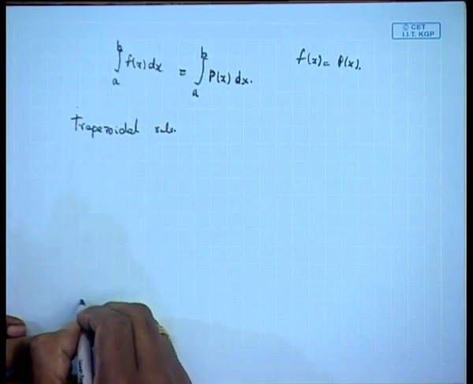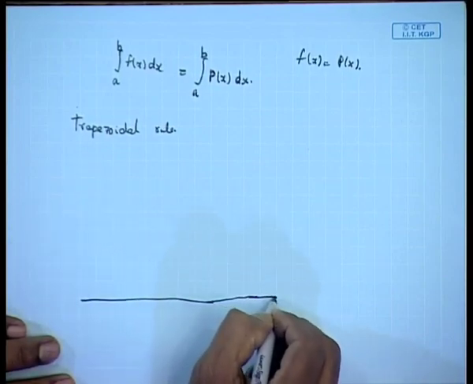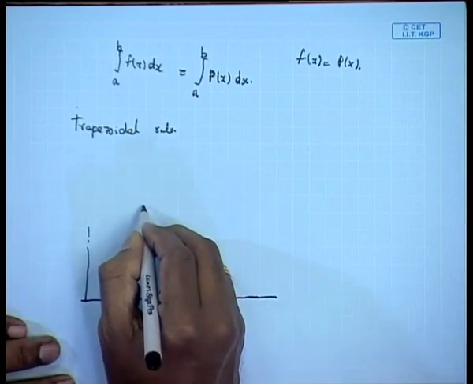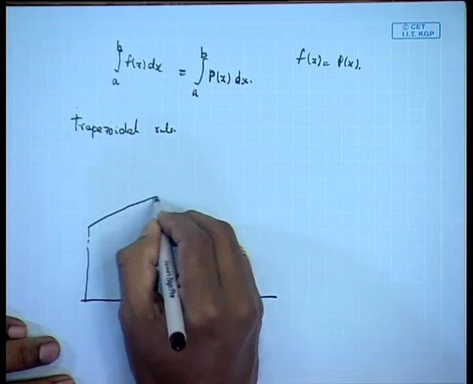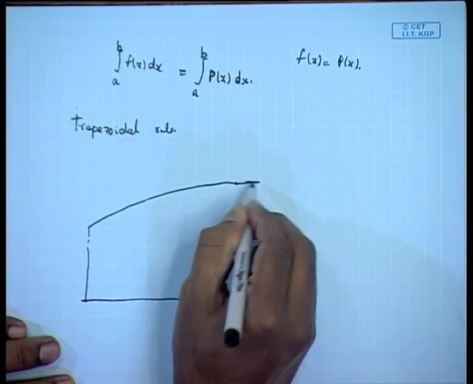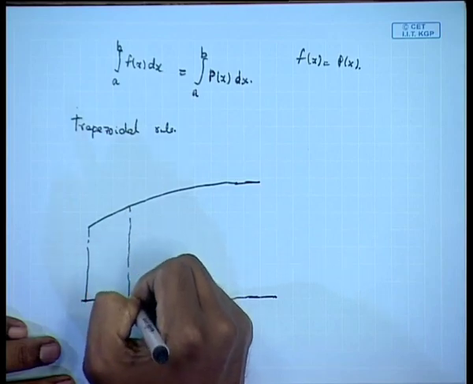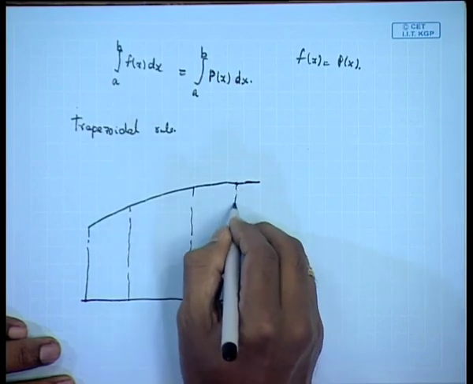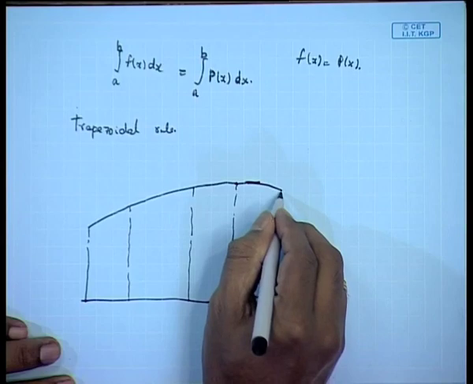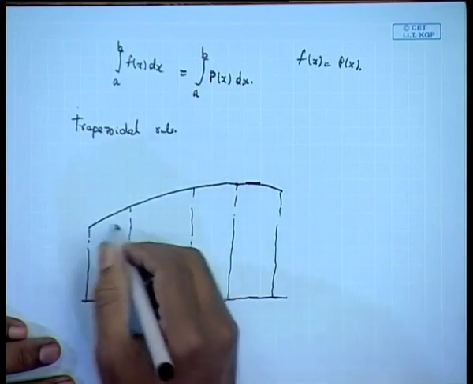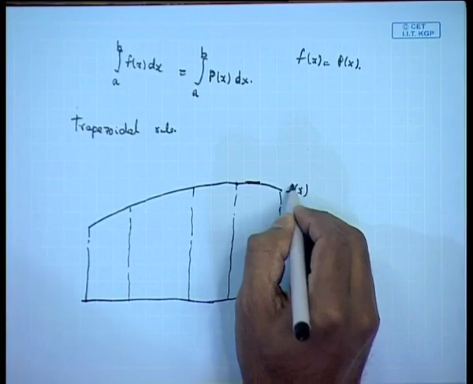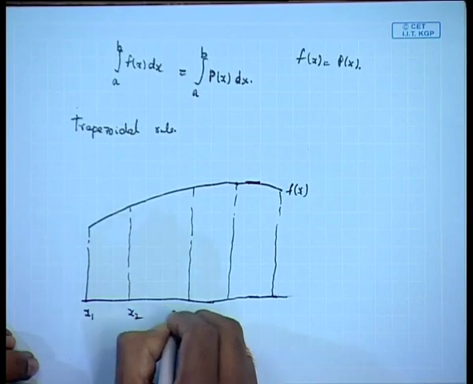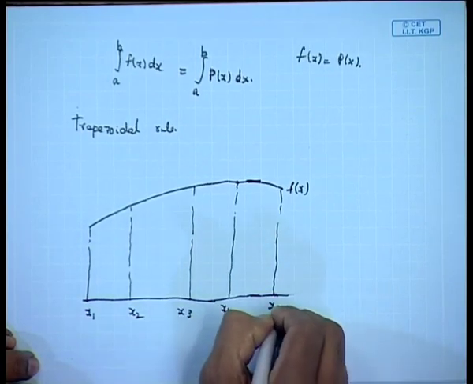Now, consider this to be f of x. This curve is f of x, and these are different x's, x1, x2, x3, x4 and x5.